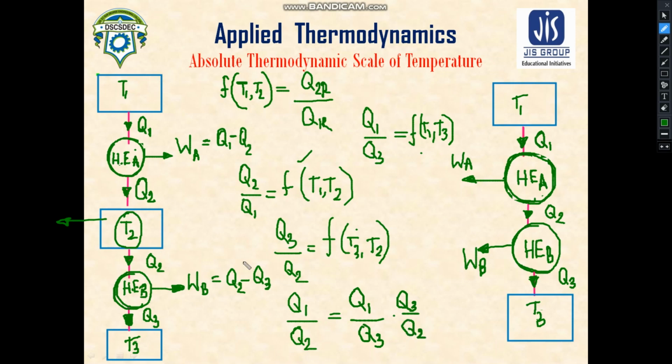This is a simple mathematical operation.